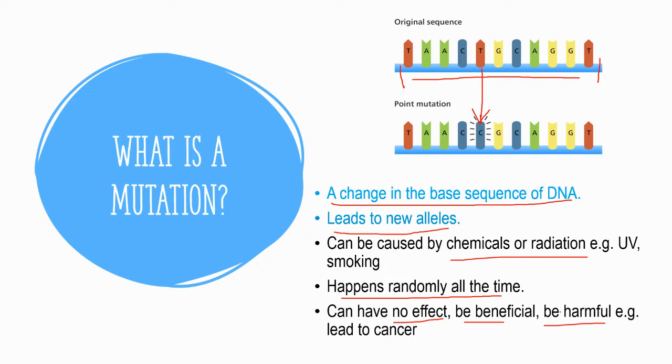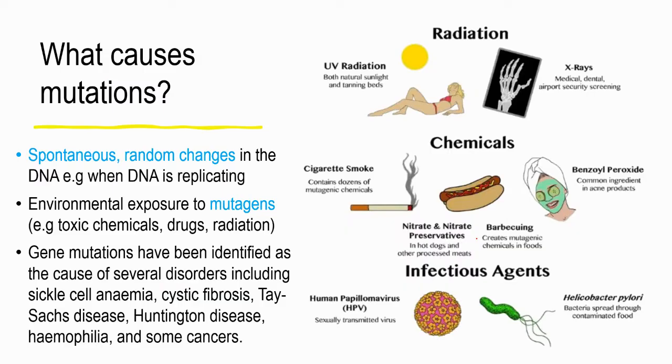But most mutations just have no effect at all. So what causes them? As I mentioned, we've got radiation, UV radiation, X-rays. We've got chemicals such as cigarettes and other drugs. We've got preservatives, barbecuing, that's the charcoal maybe, and other things, maybe in cosmetics, so chemicals.